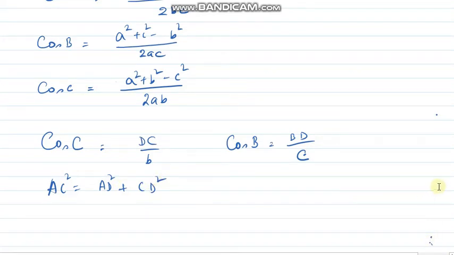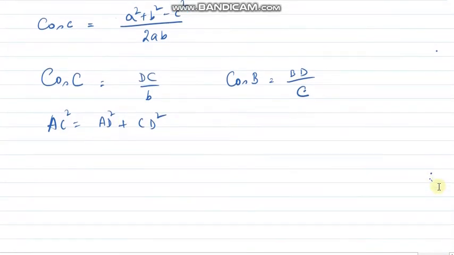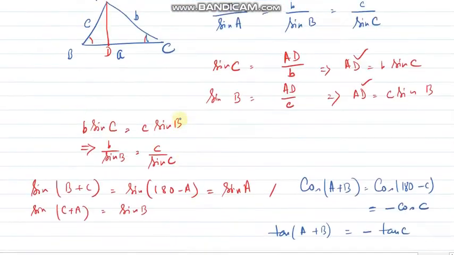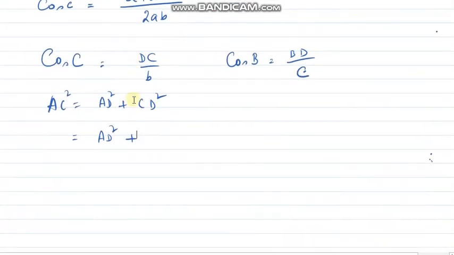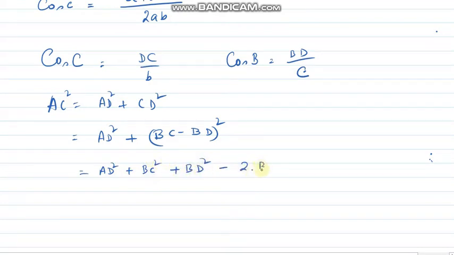I'll keep AD square intact, and CD I can write as BC minus BD, so it will be BC minus BD whole square. So it will be AD square plus BC square plus BD square minus 2 into BC into BD.